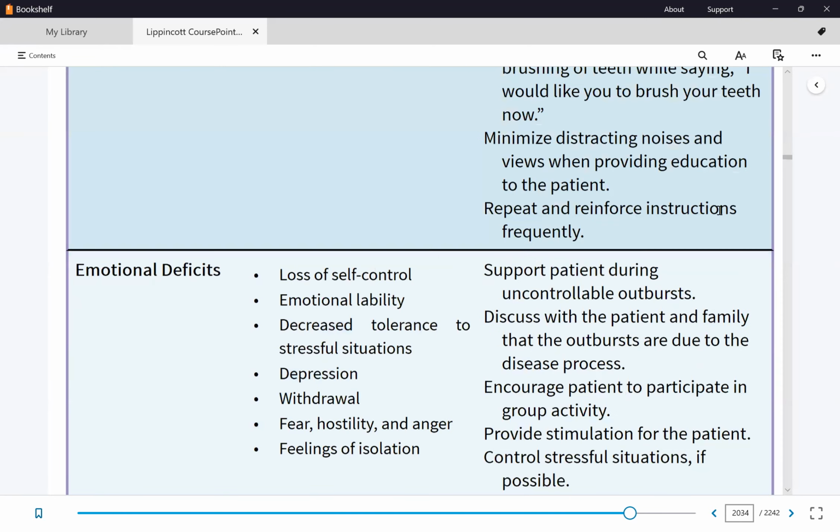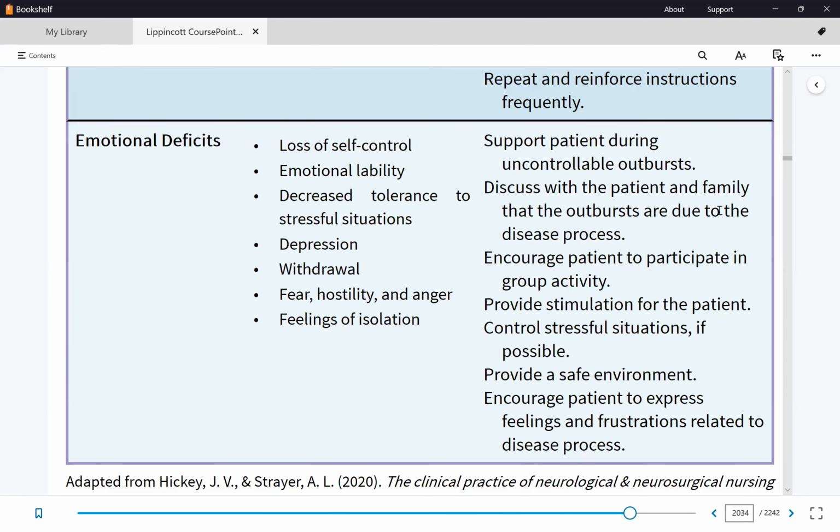Okay. Then here are the emotional, which can be upsetting because the patient will have mood swings and they can't understand why they're doing it. Meaning they can be laughing, very happy one moment, and then the next few seconds they're angry or they're sad, right?